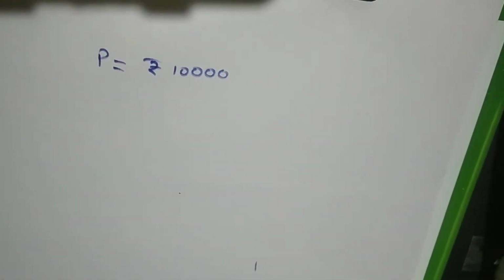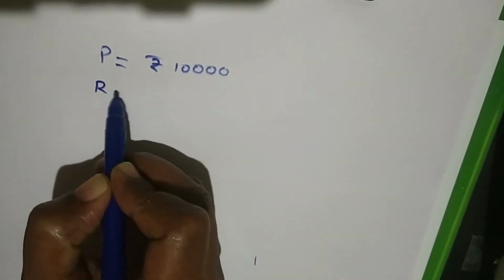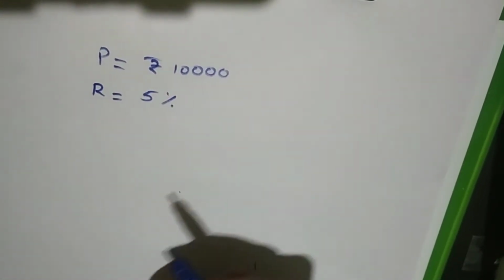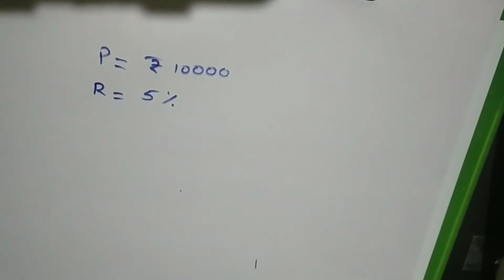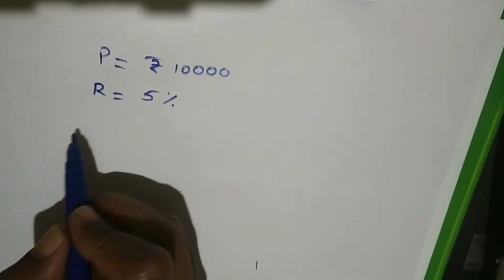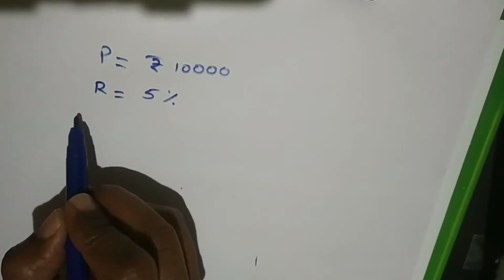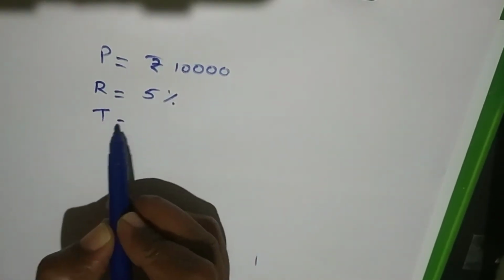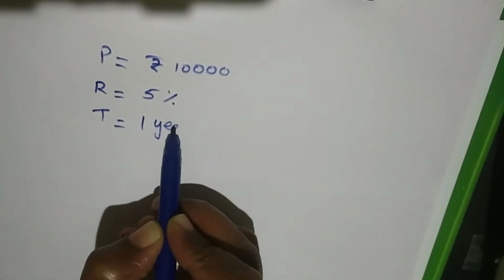Then invested at 5% interest, so rate is equal to 5% per annum. That is for 1 year. Find the interest at the end of 1 year. So after 1 year, time is equal to 1 year.